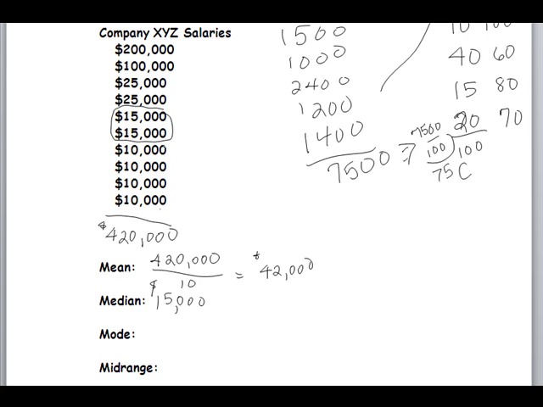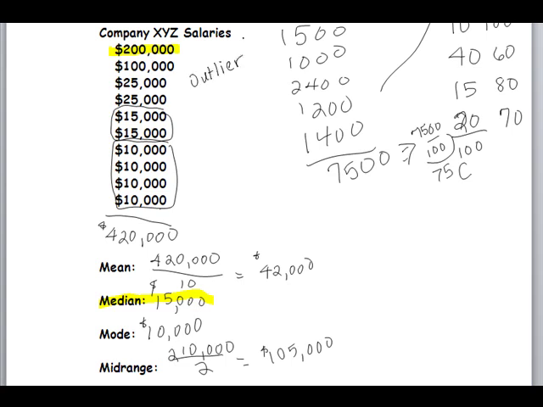Now, the question is, which one is most representative? My answer is the median, because the 200,000 is what we call an outlier. It's an extreme value, very different from most of the other values in the list. Anytime you have an outlier, it's going to affect the mean and the mid-range.